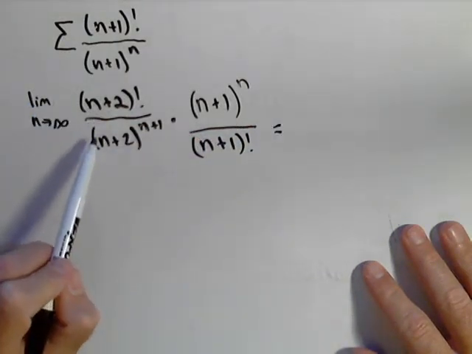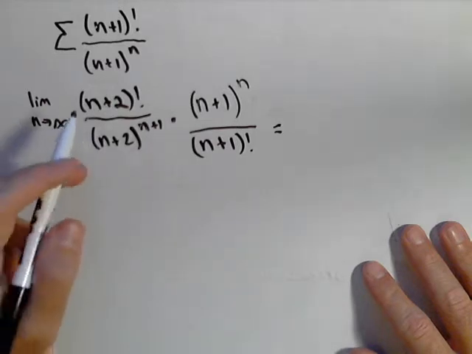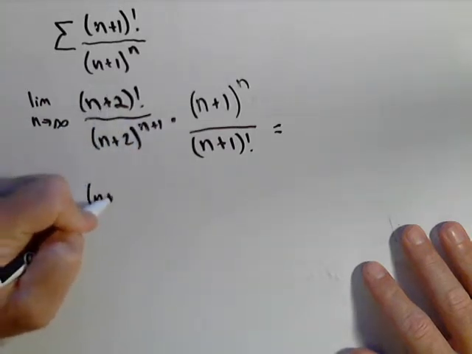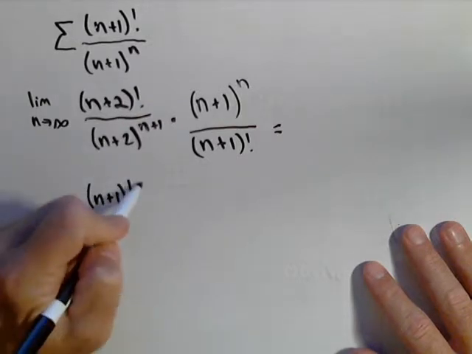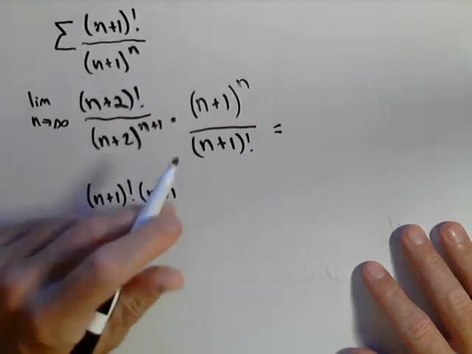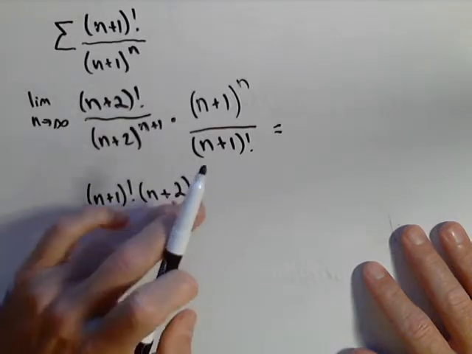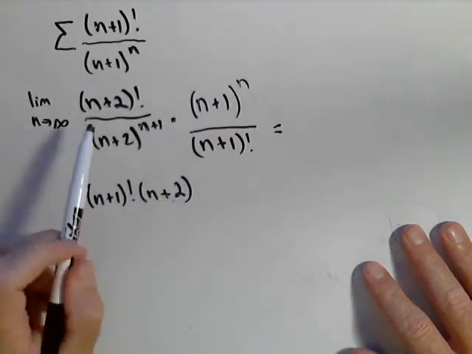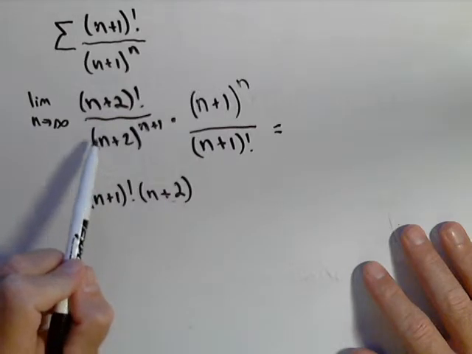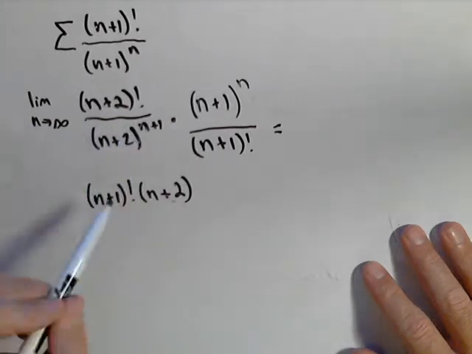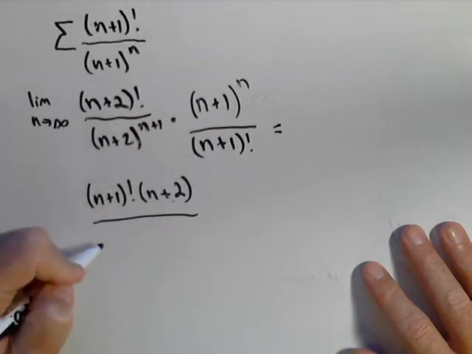Okay, so let's see what we can rewrite in this guy. Well, I know that I can rewrite n plus 2 factorial as n plus 1 factorial times n plus 2. And what else do we know? We have this. I can actually rewrite this underneath here.